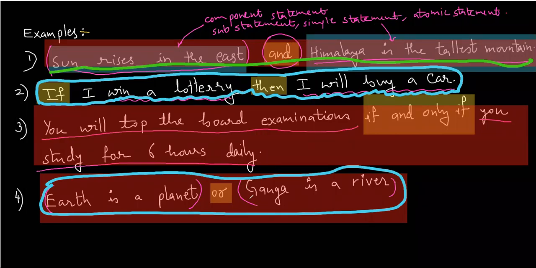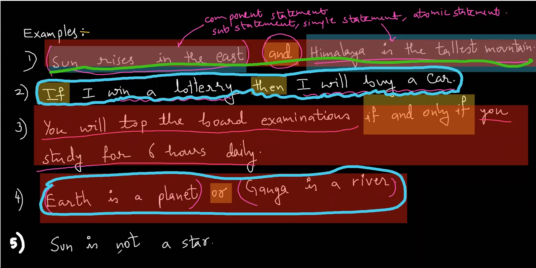I have not written the example of not, but if you want, you can write it. Suppose I have a statement here: sun is not a star. So what do you notice?